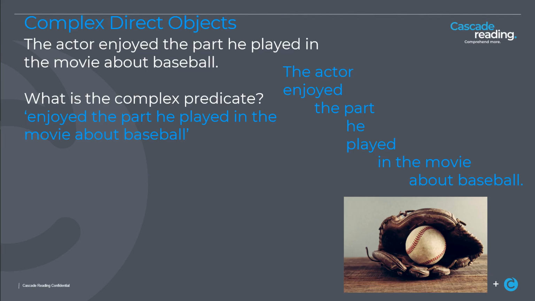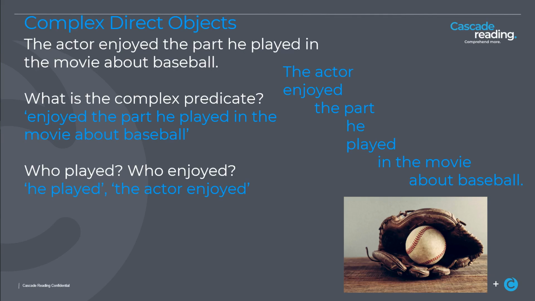Now, you may have noticed that there's multiple subjects and multiple predicates in this sentence, and that can be quite confusing. For example, who played and who enjoyed? He played and the actor enjoyed. You can always tell because the actor and enjoyed are at the same alignment, are at the same indent level, and that's the case with he and played as well. Now, what is the complex direct object?